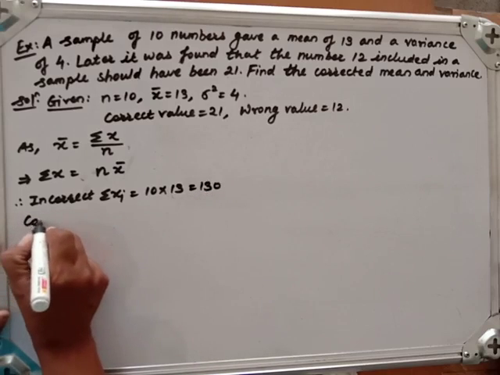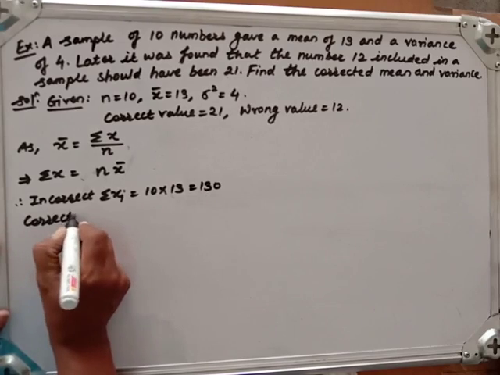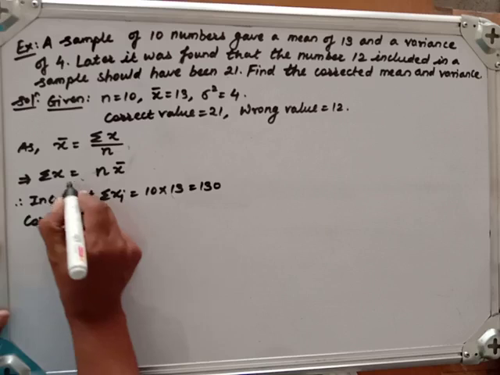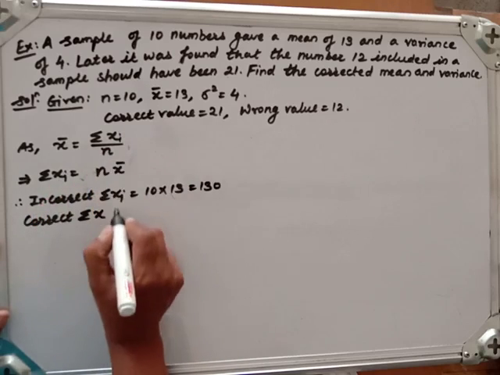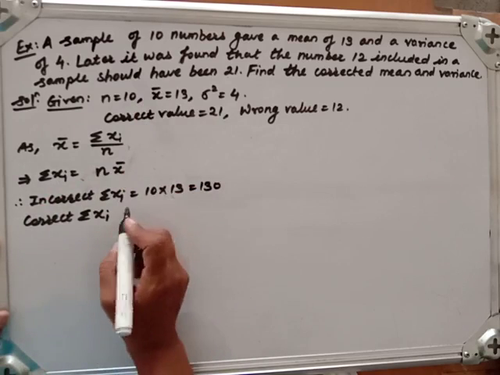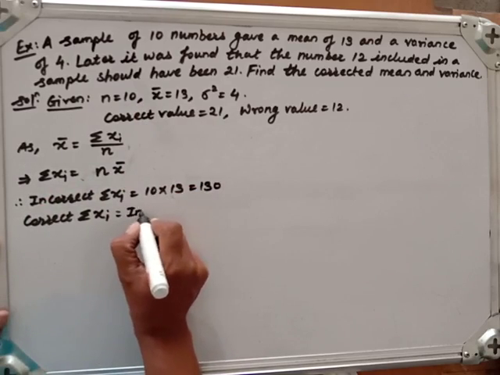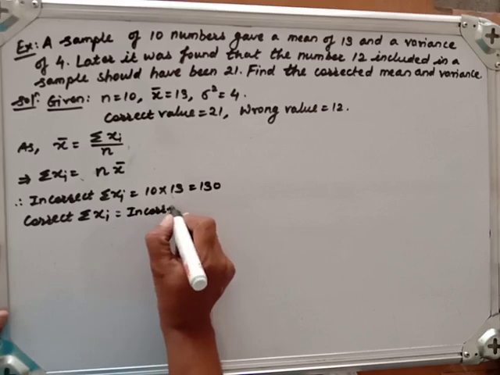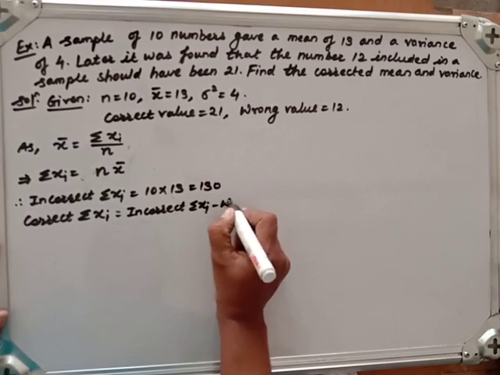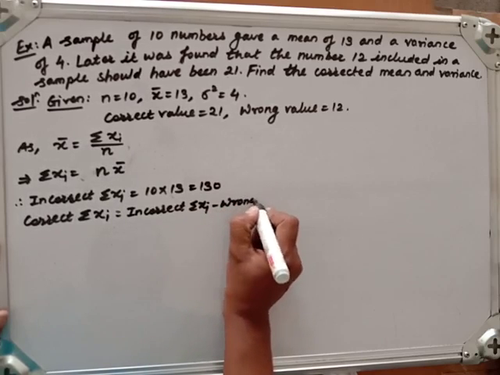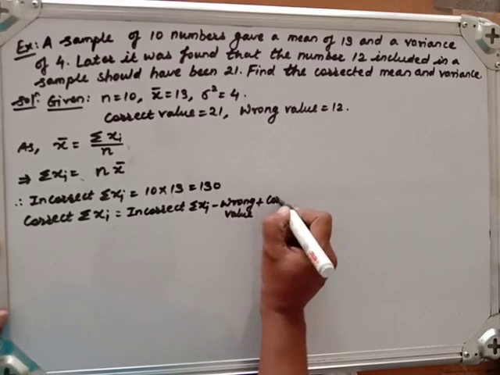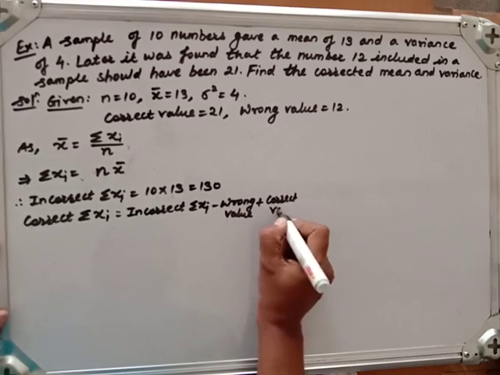Now the correct summation xi, where i goes from 1 to 10. The correct summation xi is the incorrect summation xi minus the wrong value plus the correct value.